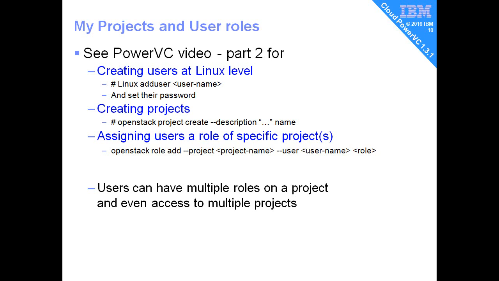And I'm not going to sit here in a video and type all those things at you. It's fairly mind-numbing, and you want to put them into a shell script and just let it roll through and get them all right first time. Just to highlight once again that users can have multiple roles on a project and even access to multiple projects if you want to set them up that way.